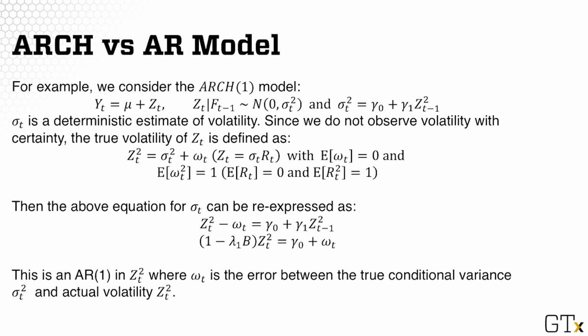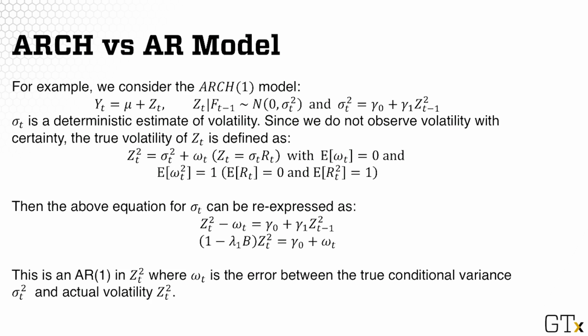The past errors are assumed given and hence realized at time t. However, we do not observe volatility with certainty. The true volatility of Z_t is sigma_t squared, which is deterministic, plus omega_t, which is random, where omega_t has mean 0 and variance 1. Those two processes are also assumed uncorrelated.